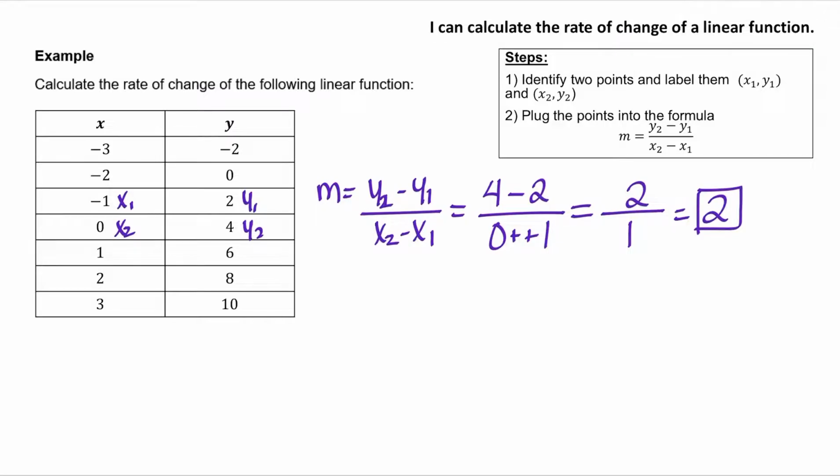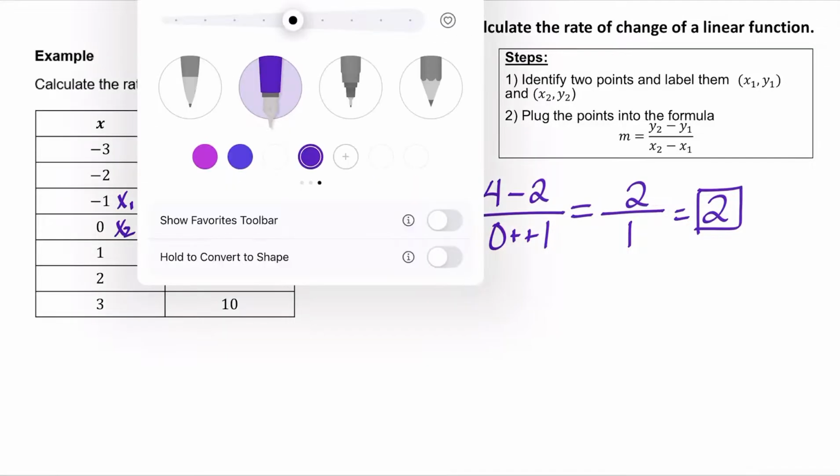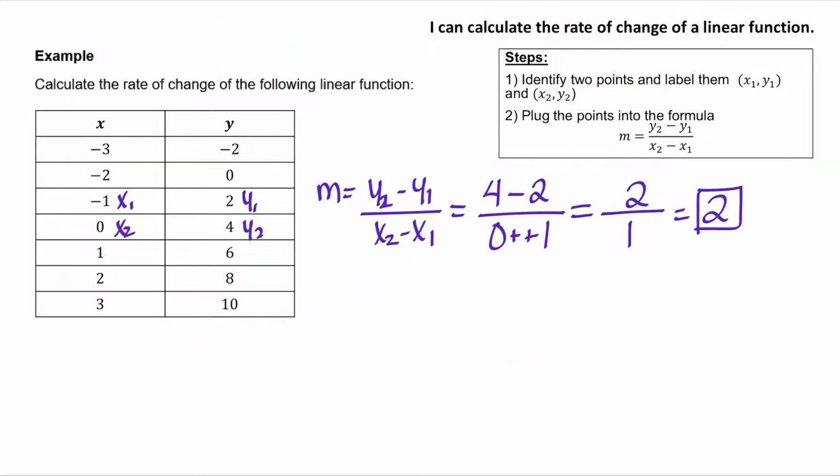Remember, when you're picking points, you can actually pick any 2 points on the table. I just want to show you that if I had picked a different set, I would still get the same answer, because the rate of change is constant for a linear function.